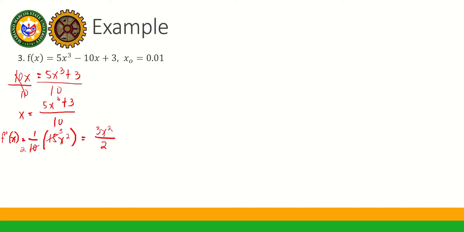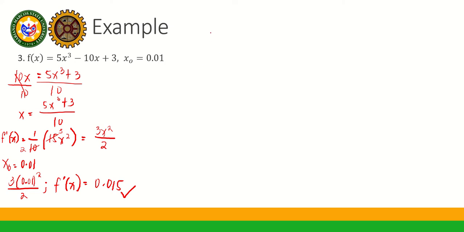Okay? And at x sub 0 equal to 0.01, then 3 times 0.01 squared over 2, f prime of x is equal to, if we compute this on our calculators, 0.015. And this is less than 1. So we proceed to iteration.